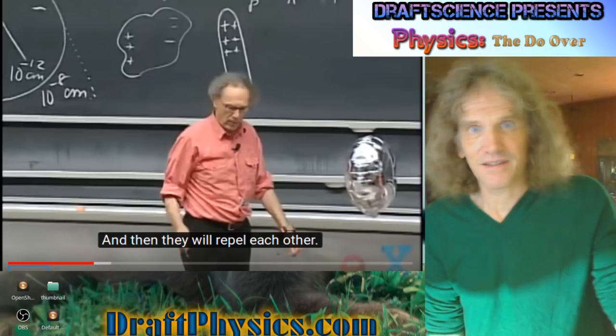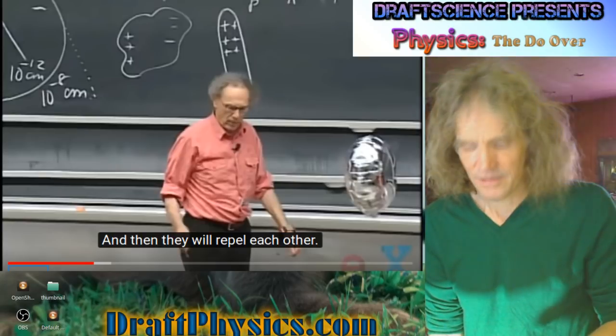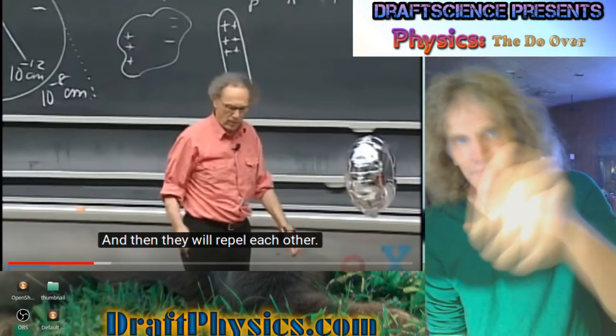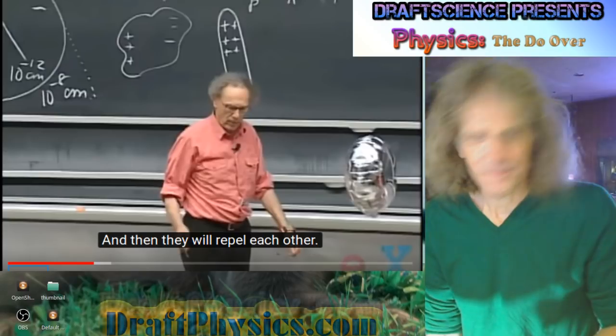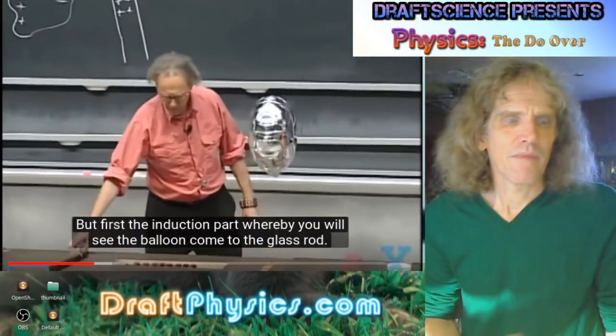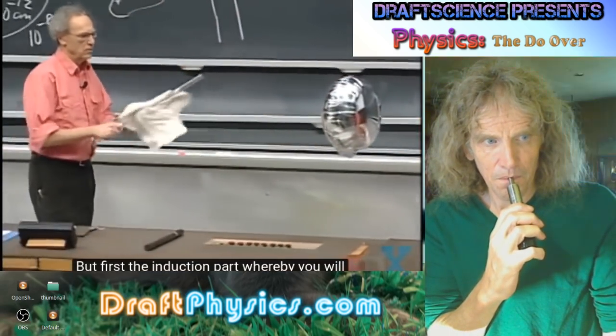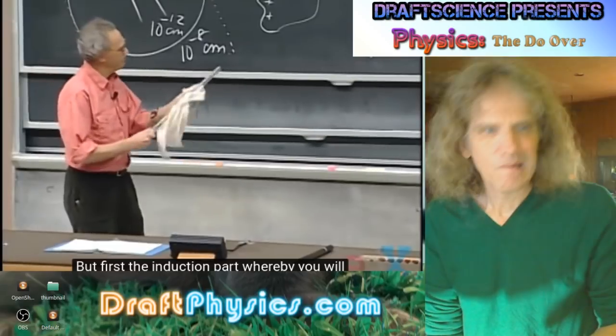It's on the surface, and it doesn't just all flow like a conductor. So you have to kind of just take it off in little pieces. Well, you'll see that, no doubt. But first, the induction part, whereby you will see the balloon come to the glass rod.